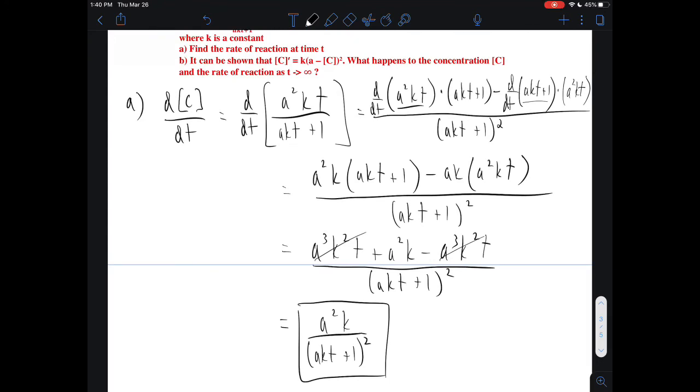Part B. It can be shown that this derivative that we just wrote down is equal to k times a minus the concentration of C quantity squared.